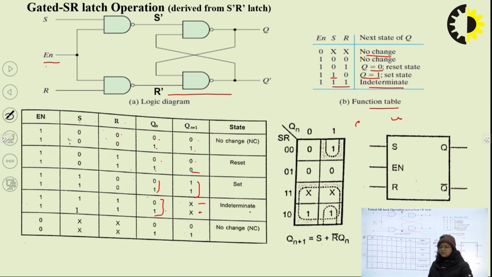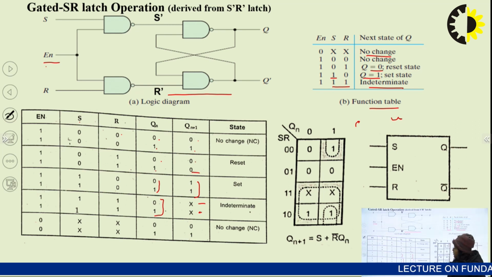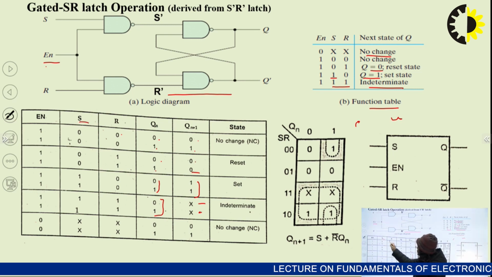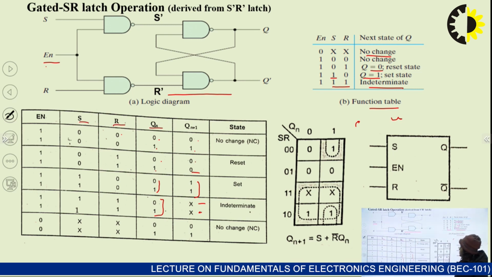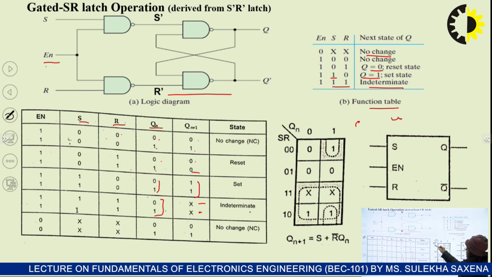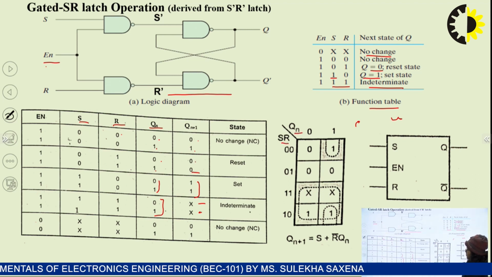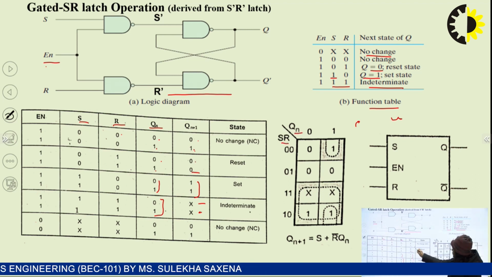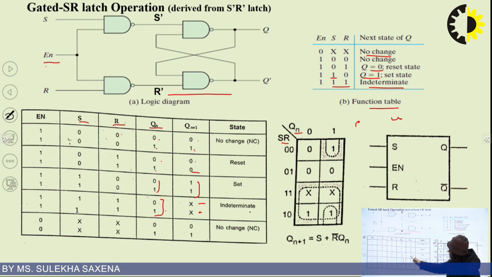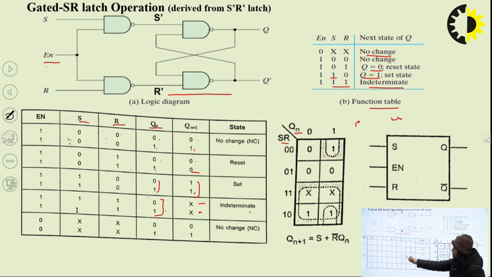So this is called the characteristic table, and we can solve this table to find out the characteristic equation of the SR latch. It uses 3 inputs: S, R and Qn. So we prepare a K-map using S, R and Qn. The output is 1 for 0 0 1, then 1 0 0 and 1 0 1.